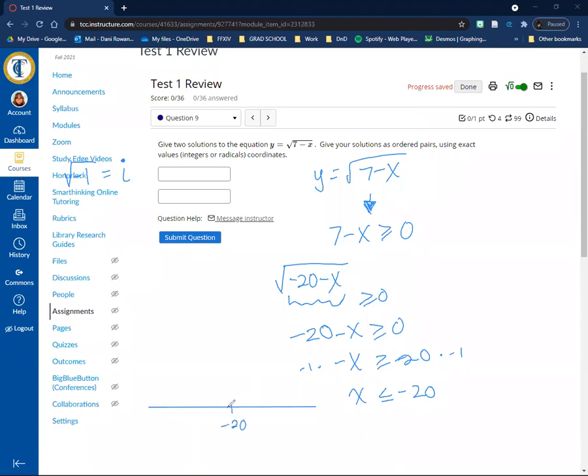Since it's also equal to it, it includes it, right? If it's less than -20 as well, which way does it go, left or right on the number line? Right. Okay, so let's see. Remember on a number line, if we were to go here, that's -19, -18, -17, and it keeps going.